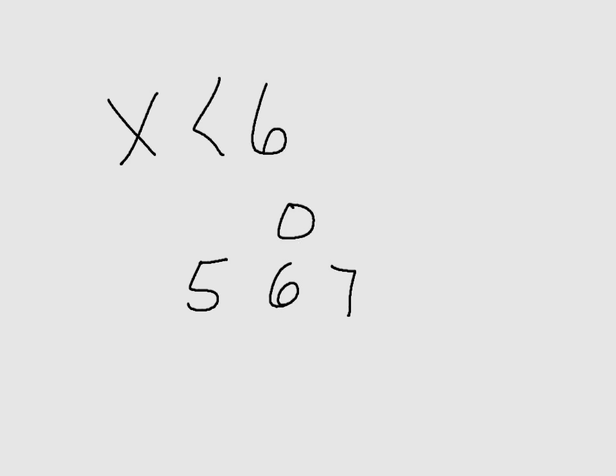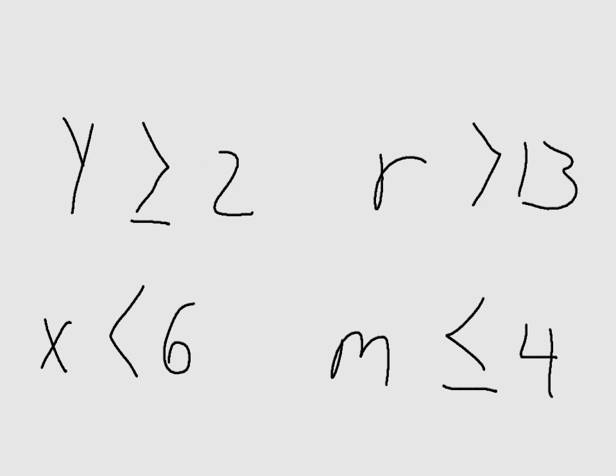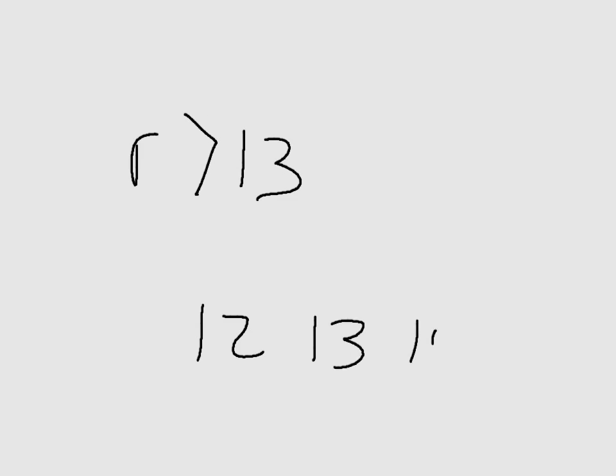So for this one, X is less than 6. I fill out my number line 5, 6, 7. Open or closed circle? Open, because it's not included. The arrow's pointing to the left. R is greater than 13, so I put 12, 13, 14. Open or closed circle?